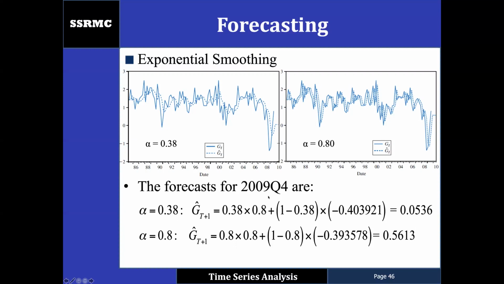So the choice of a smoothing parameter is quite important. It can significantly affect the result. We minimize the one step ahead forecasting error to find the best smoothing parameter. The good news is, in most, if not all, statistical software, you will have an algorithm built in to help us find this smoothing parameter.